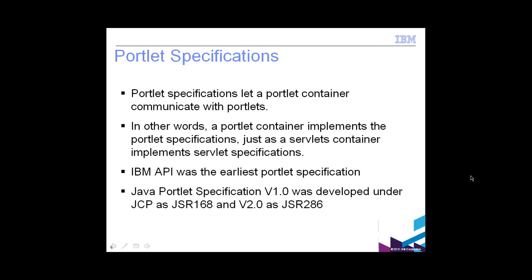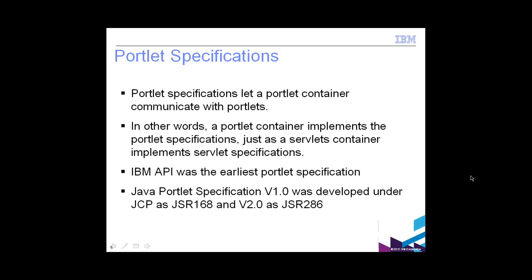So after JSR 168, JSR 286 came about. That was around 2007, 2008 when JSR 286 was developed, which essentially also is the latest portlet specification that is out there. Again, there are many vendors which have the portlet containers implemented according to JSR 286 or version 2.0.